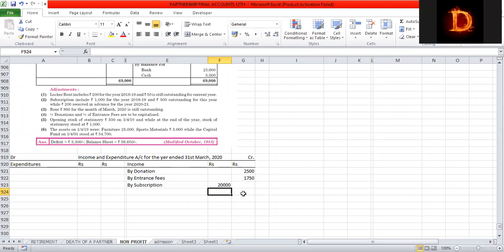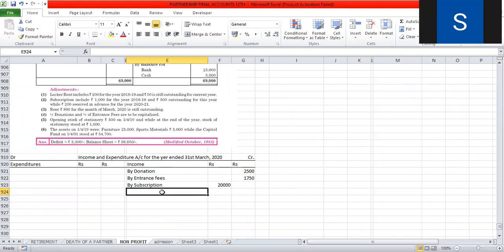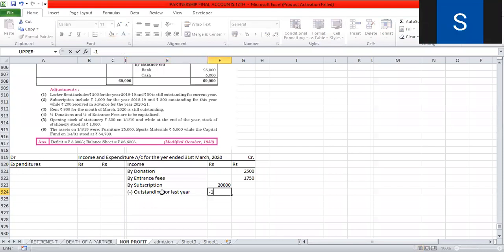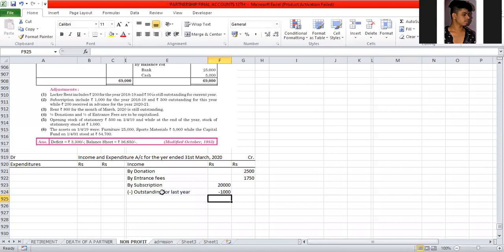What should I do? Less outstanding for last year. That amount is 1,000. Minus, outer balance is 19,000.